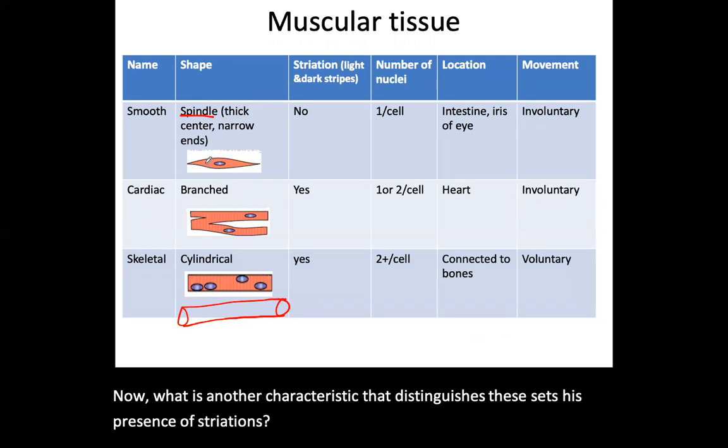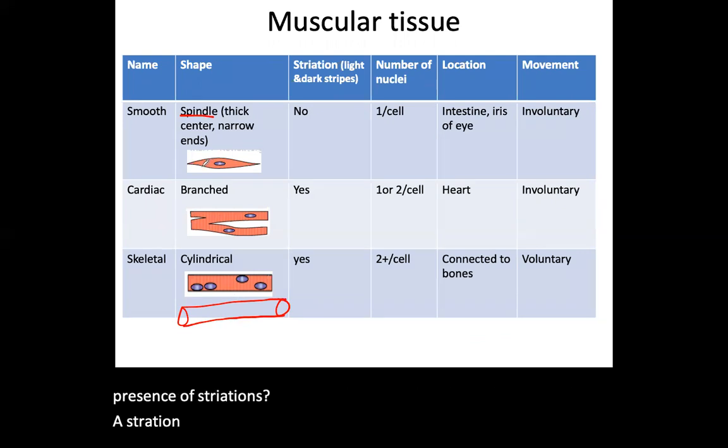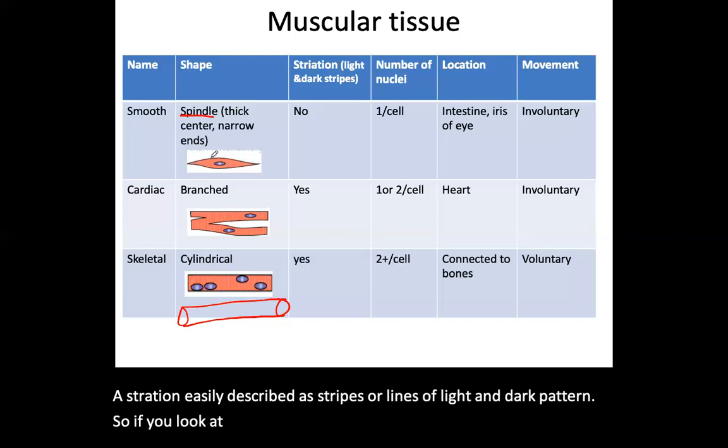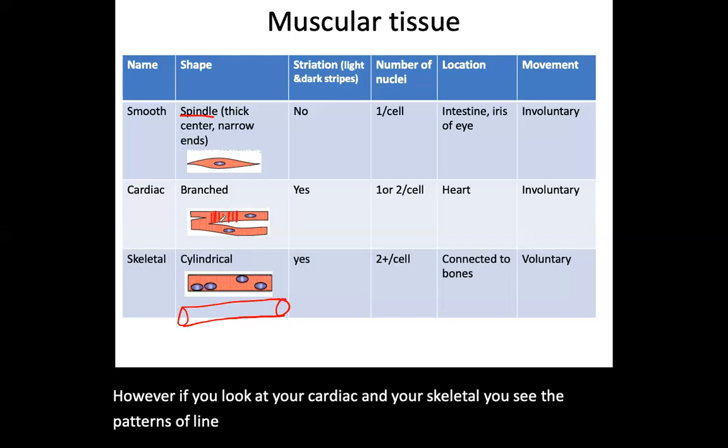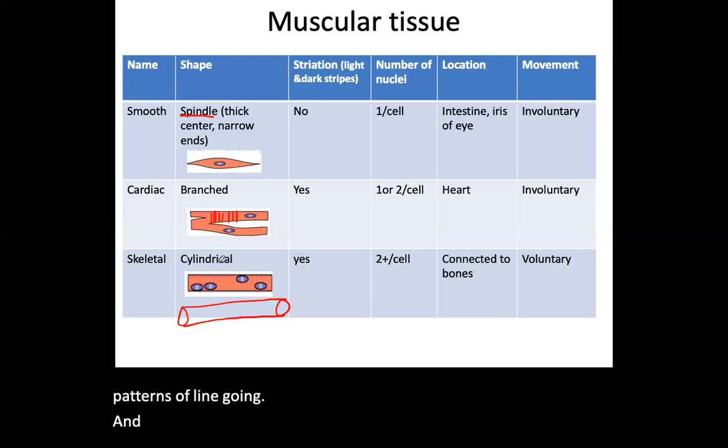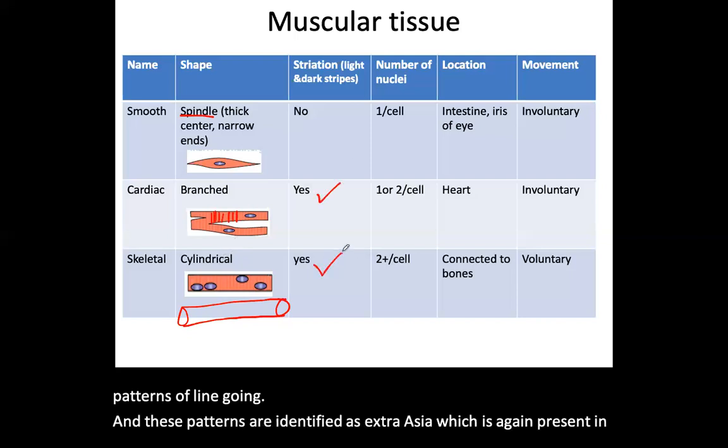A striation is easily described as stripes or lines of light and dark pattern. If you look at this picture, there is no light or dark pattern inside this cell. However, if you look at your cardiac and your skeletal, you see the patterns of lines. These patterns are identified as striations, which are present in the cardiac and skeletal cells.